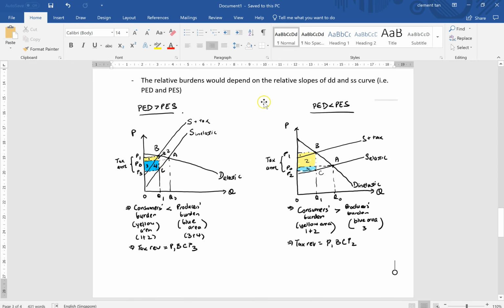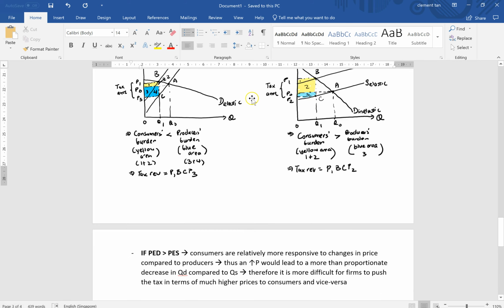The rule of thumb is that who will bear a bigger burden, the relative burdens, will really depend on the relative slopes, which means it depends on the relative price elasticities of demand and supply.